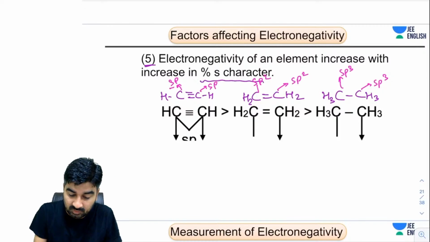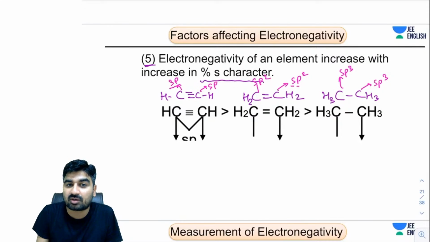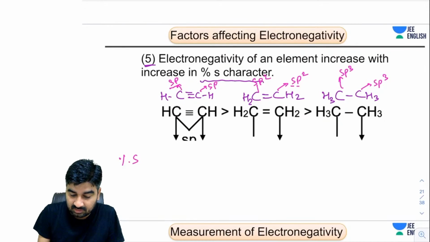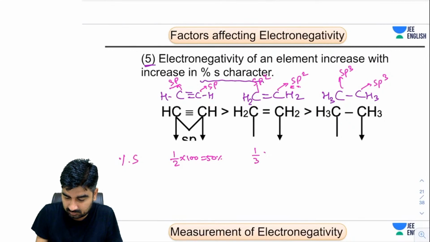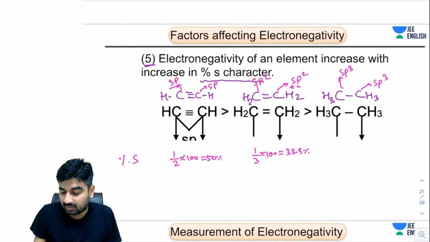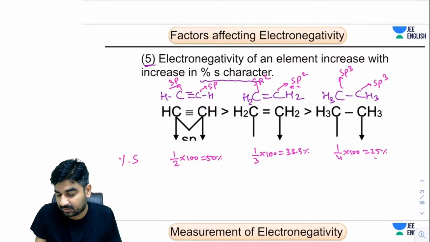Here there is 1s 3p, total 4 orbitals, so percentage s here will be 1 by 4, so it is 25%. Here we have 1s and 2p, total 3 orbitals, so it is 33.3%. Here we have 1s and 1p, total 2 orbitals, so it is 50%.